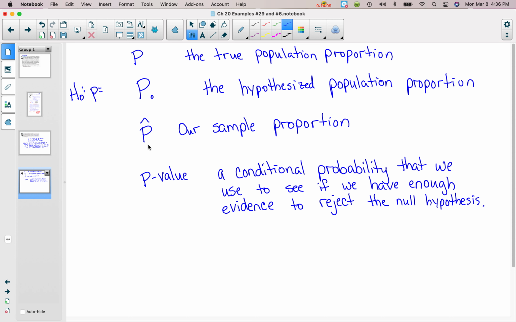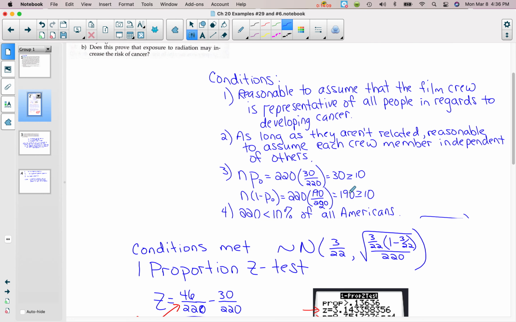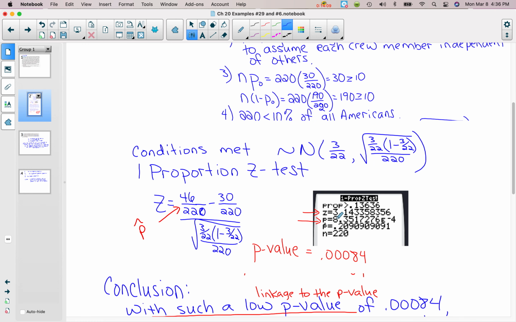We have P hat, which is our sample proportion. This does not get used until you calculate your test statistic, but we have that. And then we have the p-value, which don't confuse with one of these proportions. A p-value is a conditional probability that we use to see if we have enough evidence to reject the null hypothesis. So you have to keep all those things straight because they are different. And when you look at the things on the calculator, they give you p.